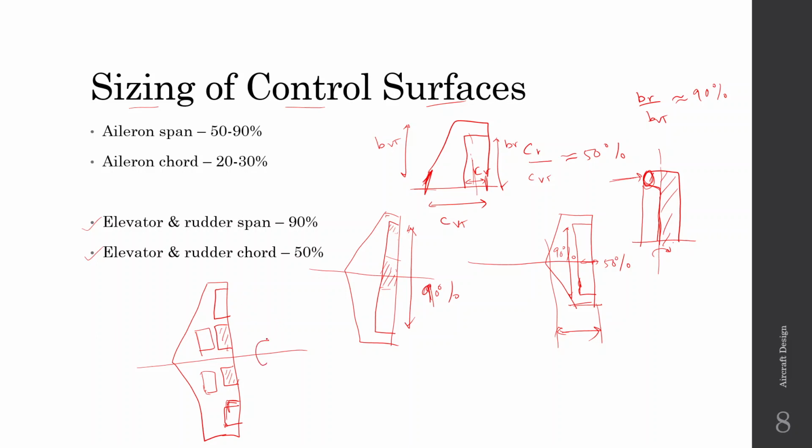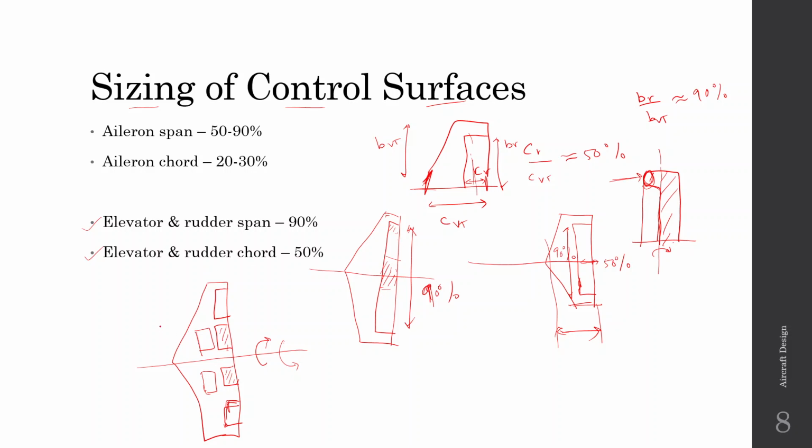So let us say you want to roll in this axis, but the aileron deflection bends the wing in such a way that we get a roll in this direction, the opposite direction. So obviously this is not desirable, right? It has been found that it is better to use both the aileron and the spoilers together instead of individually.